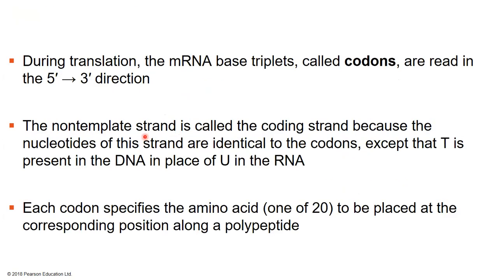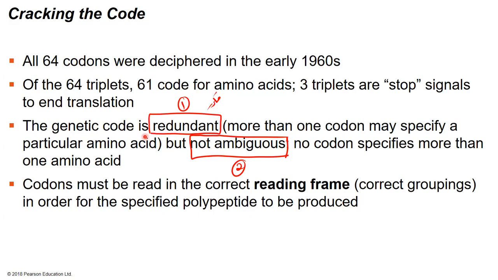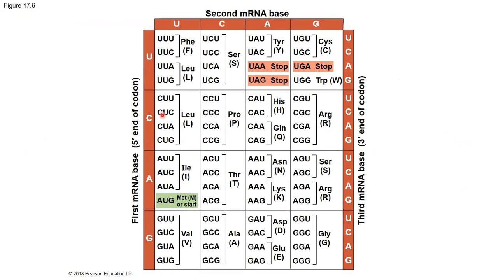So basically, non-ambiguous ensures that every time CUU is read by the ribosome, it will encode leucine, it will not encode any other amino acid. That's what is meant by non-ambiguous.